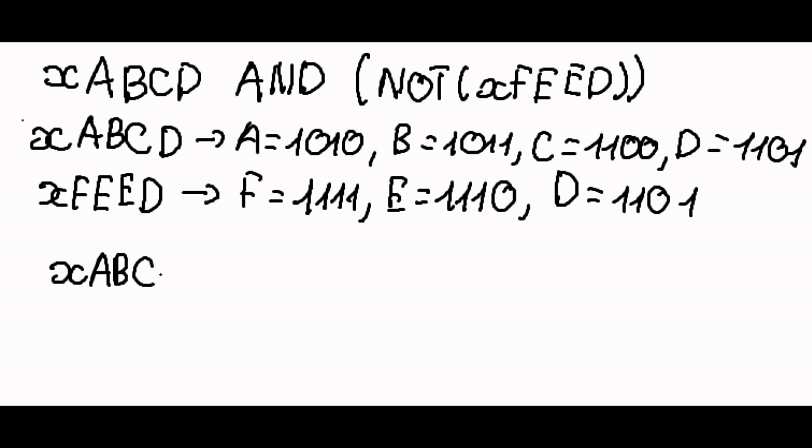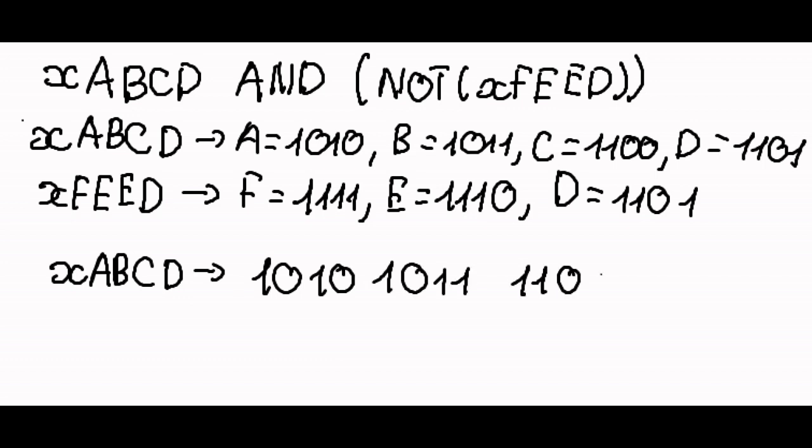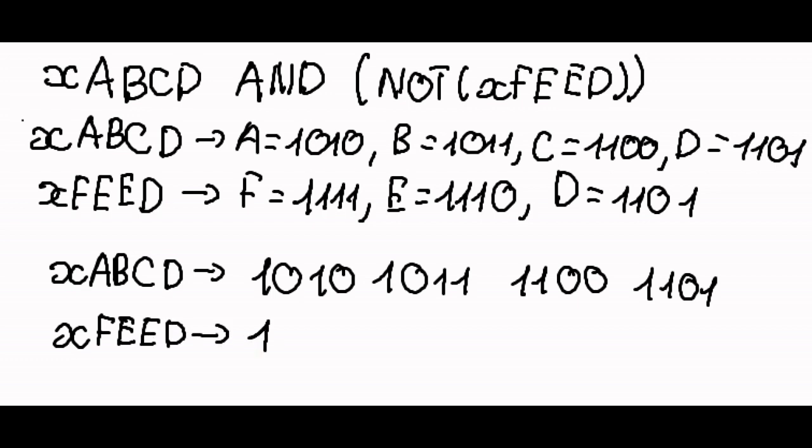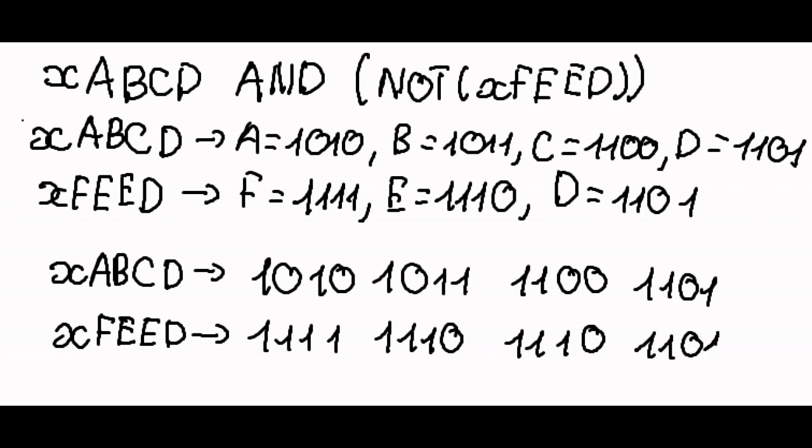So x ABCD is written in binary as 1010, 1011, 1100, and 1101. And for x FEED, it is 1111, 1110, 1110, and 1101.